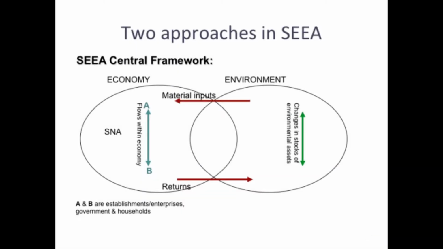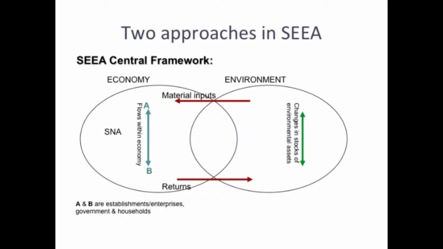One final way to describe in general the framework is to first show here this picture of the general framework for the SEEA resource accounting portion, what's called the central framework of the SEEA. In this framework, you have the activities going on within the economy between the different institutional units A and B in this graph within the boundaries of the SNA.